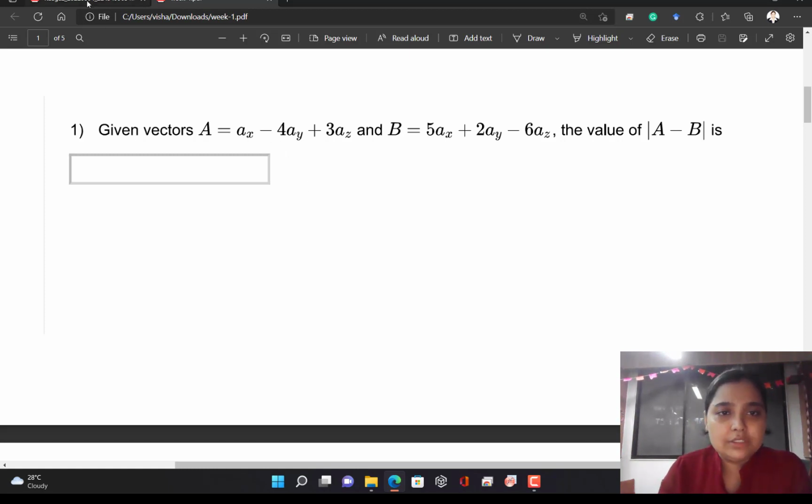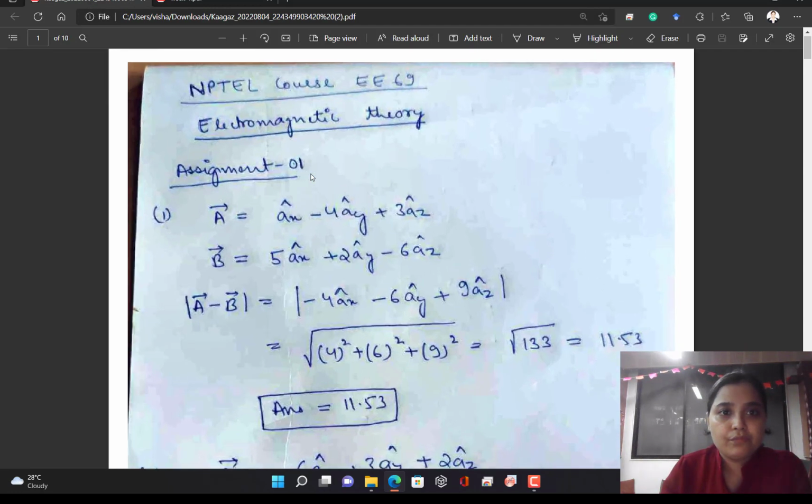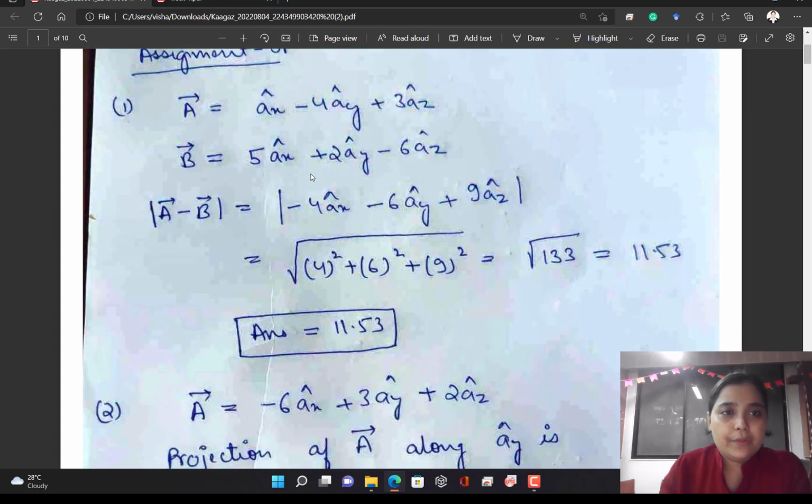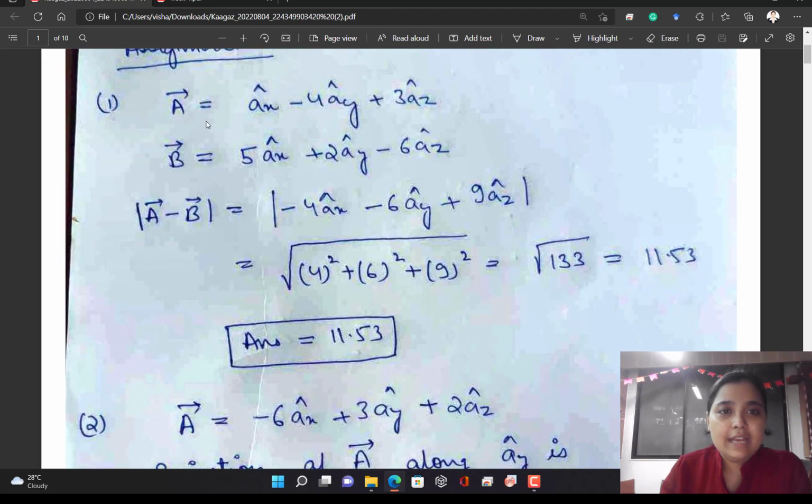Alright, so it's a pretty simple question here. Now let's try to solve this question. Okay. So A is given as ax minus 4ay plus 3az. B is given as 5ax plus 2ay minus 6az. So modulus of A minus B. Let's subtract this. So ax minus 5ax, that is minus 4ax, minus 4ay minus 2ay, that's minus 6ay, plus 9az.